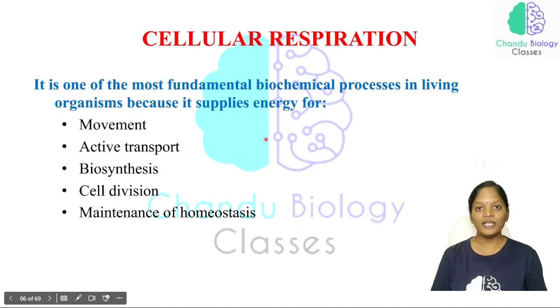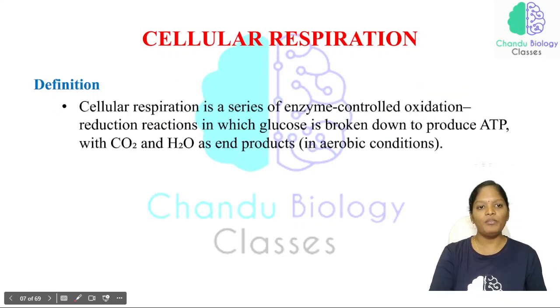So energy is required for all the basic and most important functions. Energy is a basic unit. For the production of this energy, cellular respiration plays a crucial role. That's why this is a fundamental biochemical process.